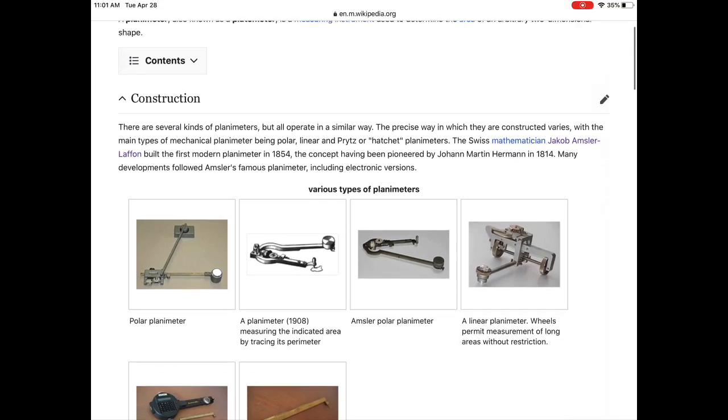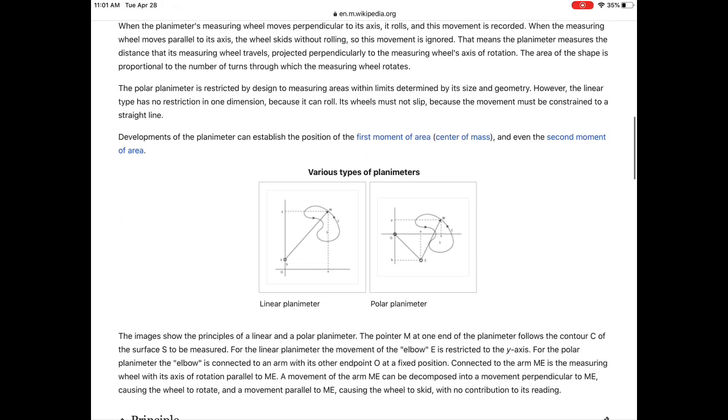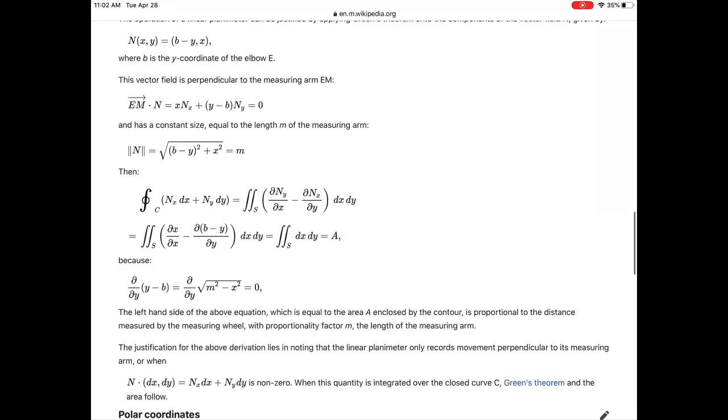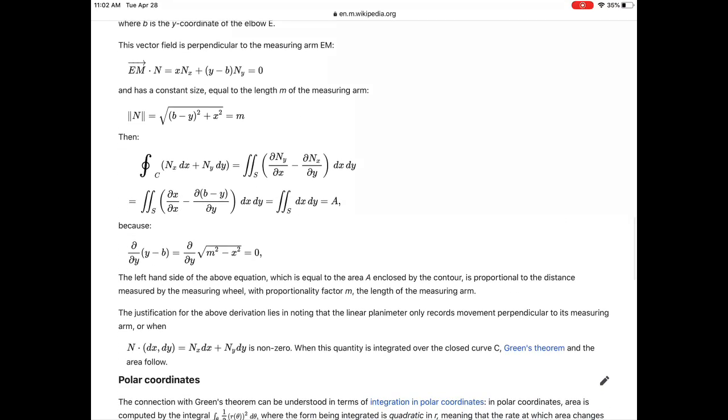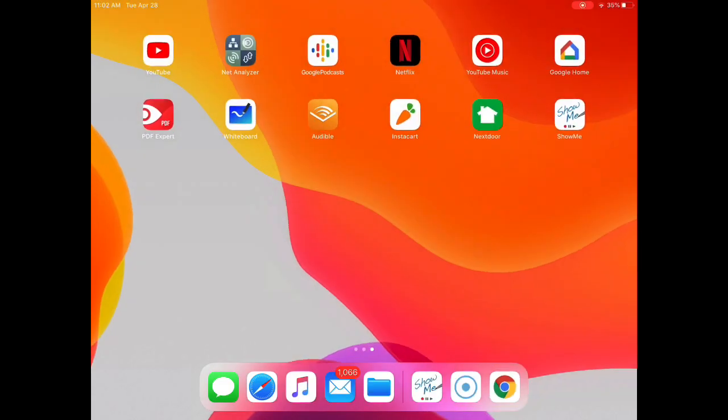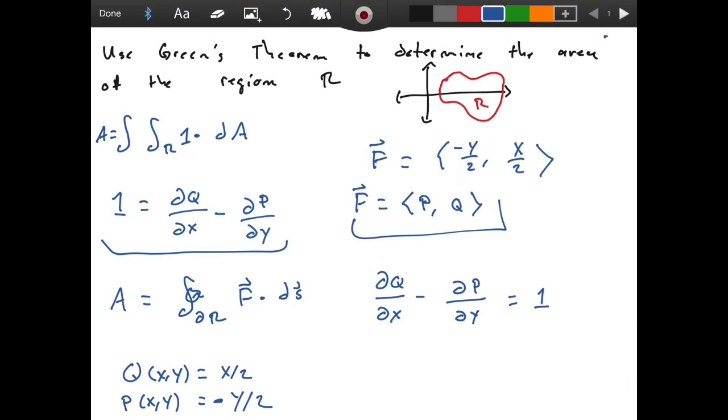Essentially what's going on is you slide it around the boundary of your region, and it basically does a line integral of a certain vector field around the region, and using Green's theorem, it uses that to compute the area of that region. This is the Wikipedia article right here. This is Green's theorem right here in the center. That's exactly what Green's theorem says. Anyways, this is a pretty practical thing to use.